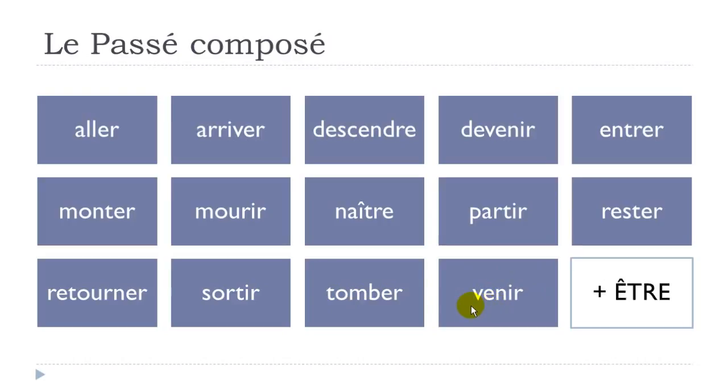Okay, so remember that all these verbs here that we saw will require the verb être at the passé composé form. Okay, so the others will require avoir. So you can see now that most of the verbs will require avoir, and then these verbs will require être. Okay, so let's repeat them one more time.